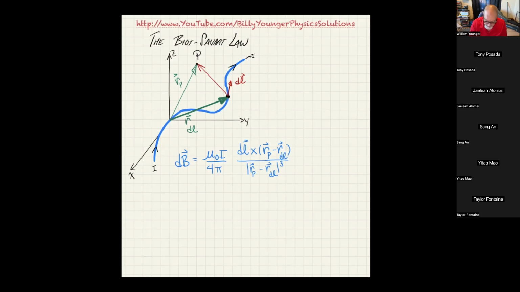So remember the vectors, specifically R sub P is from the origin, and that's any coordinate system you choose to make it. So it's just a vector from the origin to P, which is where you wish to know the magnetic field.